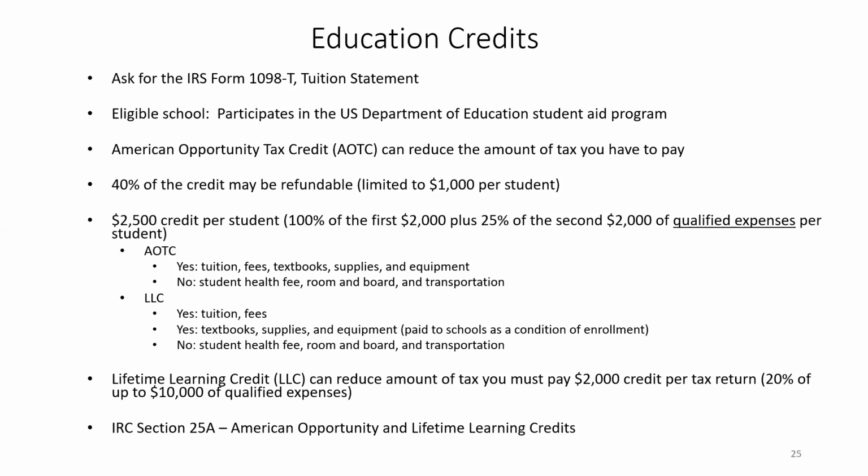One quick example I can think of is, let's say you're going to dental school. Certain dental schools, you pay a tuition, and that tuition includes certain textbooks that you're going to receive, certain supplies that you're going to use up, and certain equipment. And so again, that's the differentiation between the Lifetime Learning Credit and the American Opportunity Tax Credit.